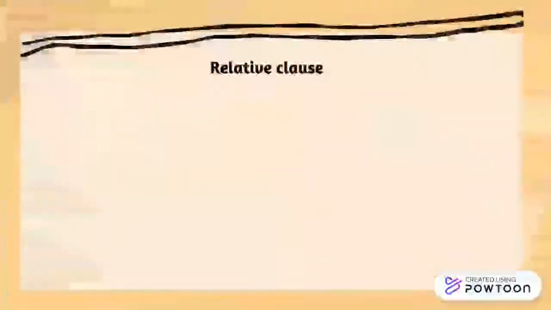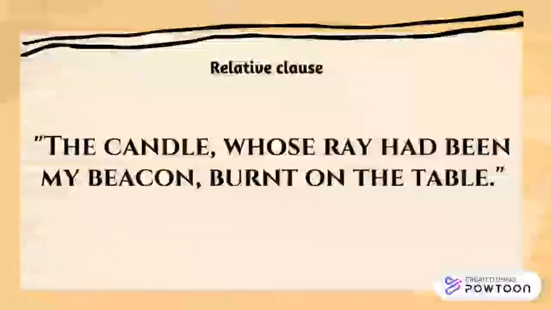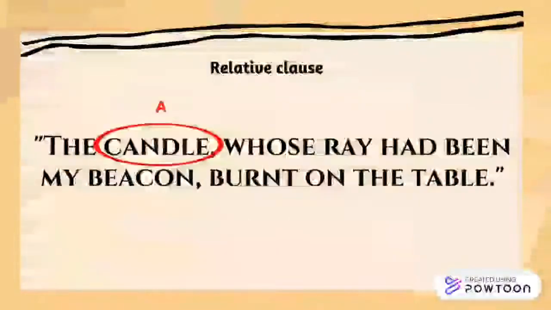Another relative clause is the candle, whose ray had been my beacon, burnt on the table. In this complex sentence, we have a relative clause. Here, the antecedent is candle, since it is the object in the main clause.